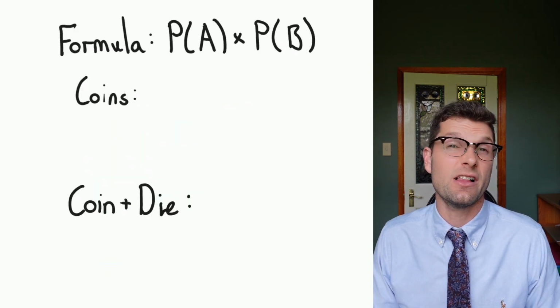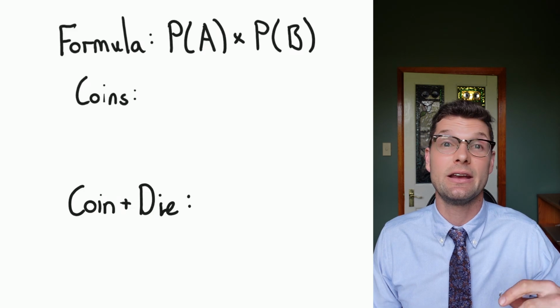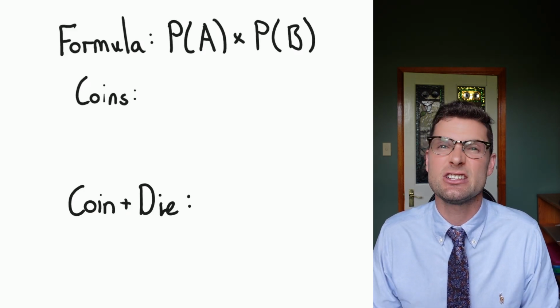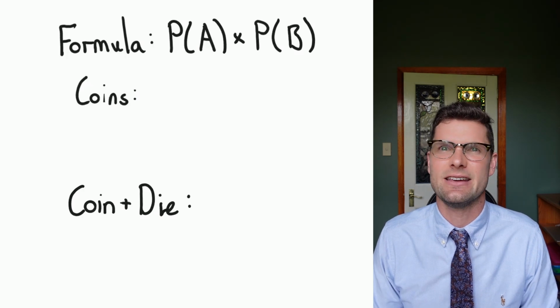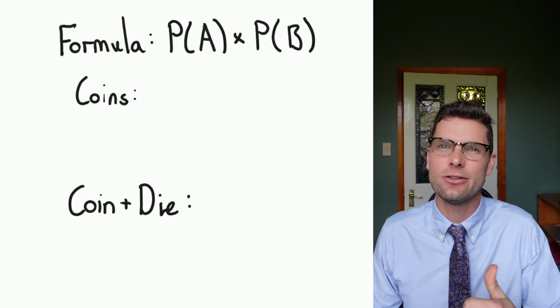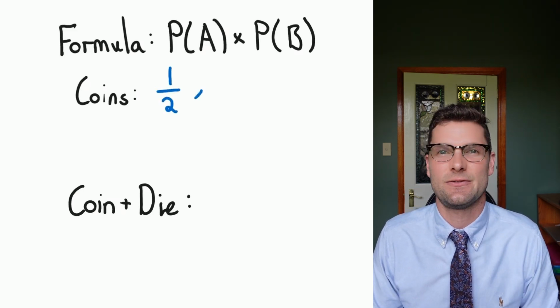So the actual formula, for when we don't want to write a list or draw a table, is just the probability of A multiplied by the probability of B. And we'll just see for those 2 examples how easy it is. For the coin, I needed a head and then a head. Getting a head the first time was a 50-50, and the probability of getting a head the second time was 50-50.